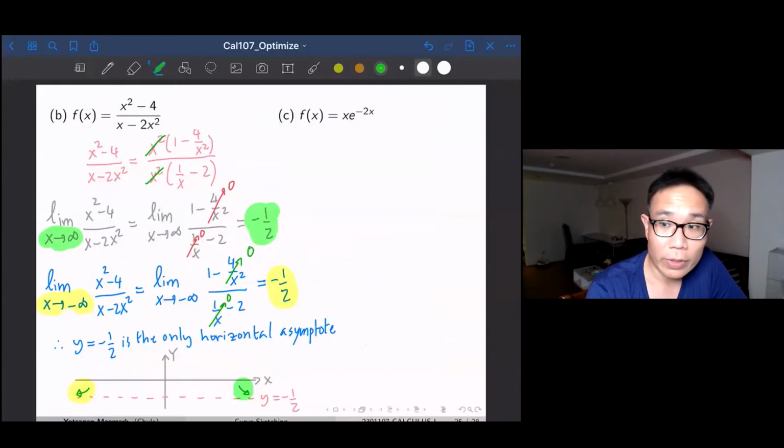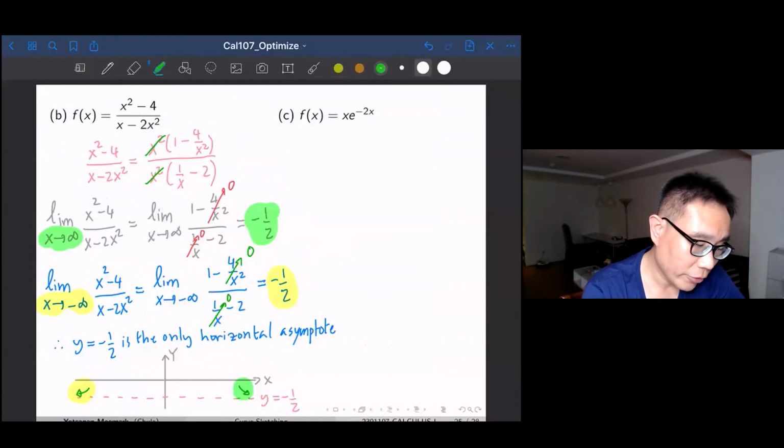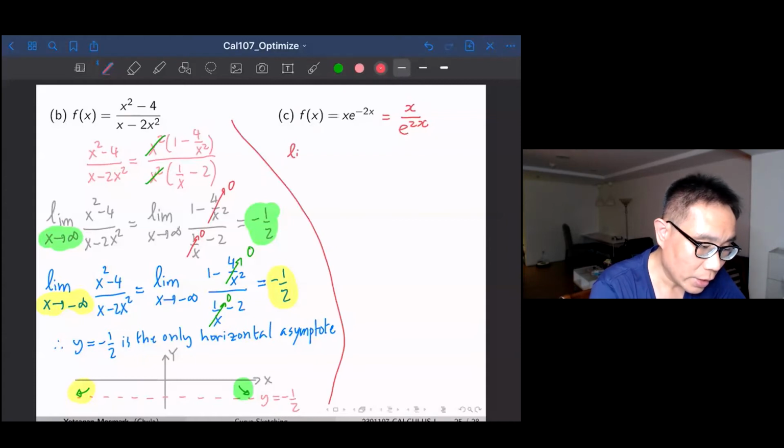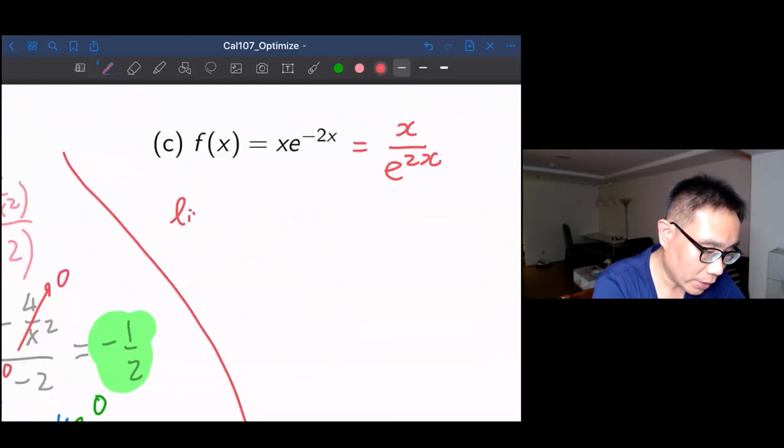The next one, you're going to have f of x equal to x minus e to the x. So for this one, you have x over e to the 2x. You're going to find this limit by using L'Hopital. So you need the limit as x goes to infinity of x over e to the 2x.